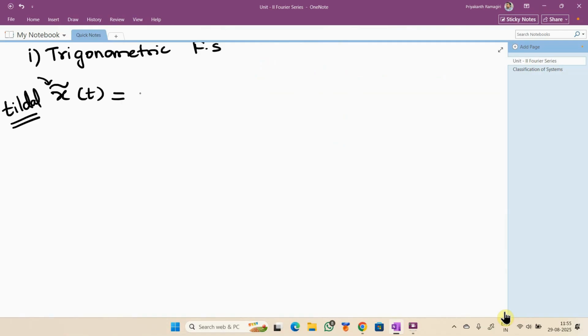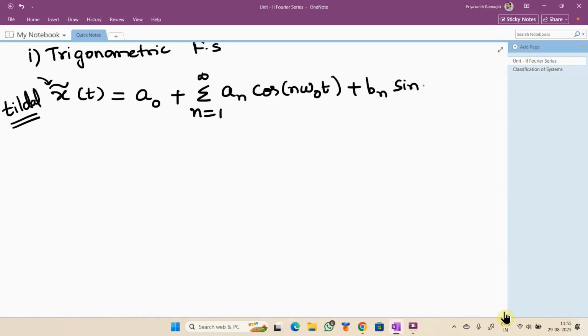So trigonometric Fourier series is a weighted sum of harmonics. You remember this statement which I have told earlier? Yes, sir. Yeah. So this is how we represent the trigonometric Fourier series.